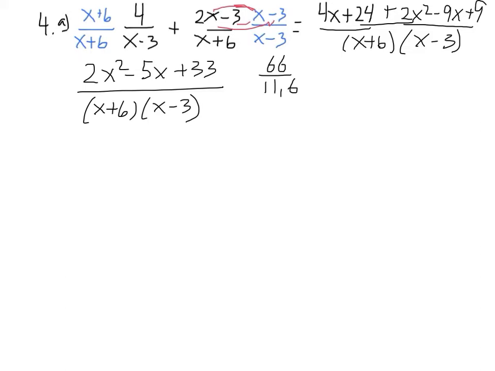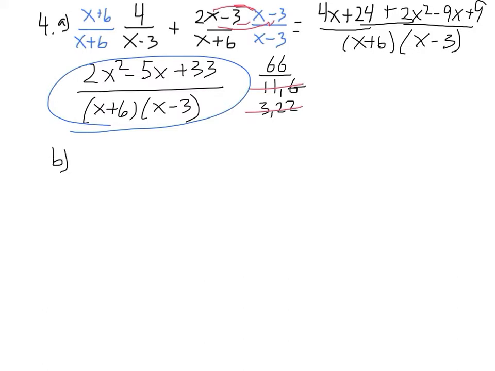But that doesn't work because they're either both negative or positive, so that one doesn't work. Nope, doesn't work. 3 and 22, the difference isn't 5. I don't think it's going to factor, so I believe your final answer will be that.